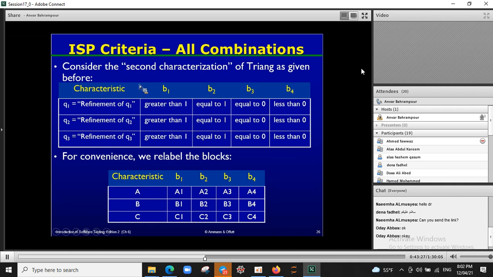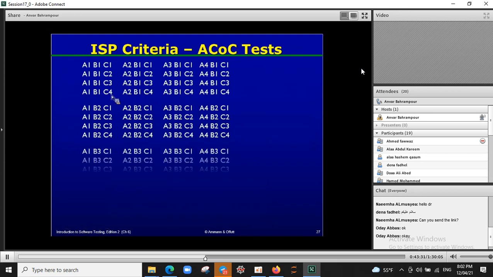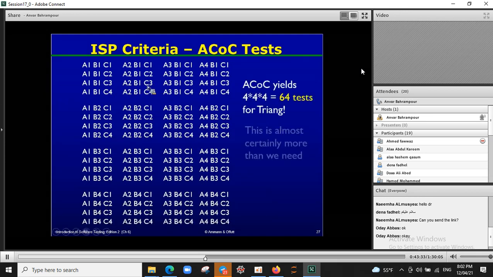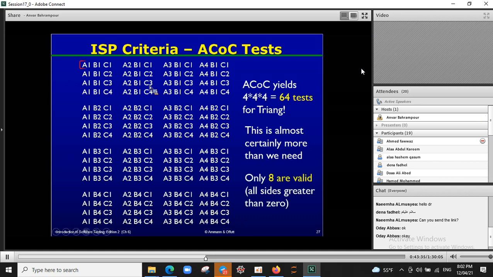So in these combinations, we have C4 or C3 values from B3 or B4 blocks. So these combinations are invalid, and this is the same for these combinations.